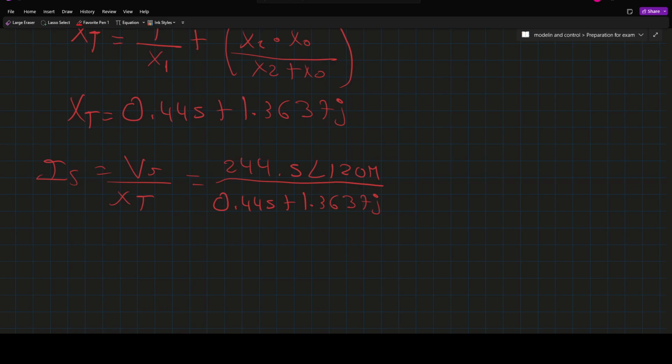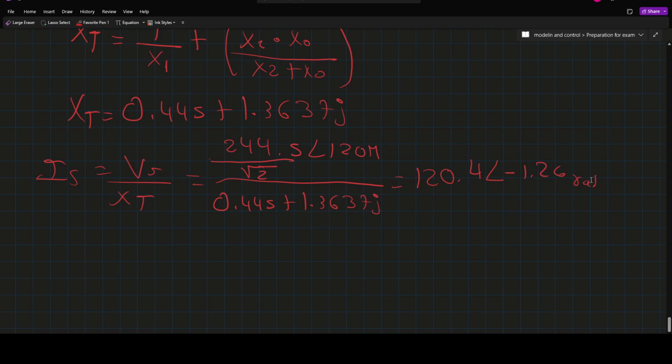Okay, and now we are gonna divide this over square root 2 because we don't want it in RMS. So this is gonna be 120.4 minus 1, in an angle of minus 1.6 in radians.